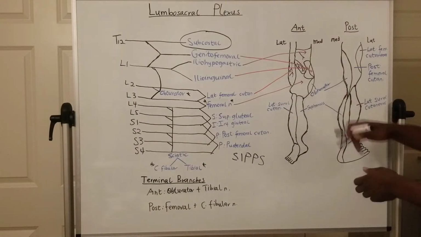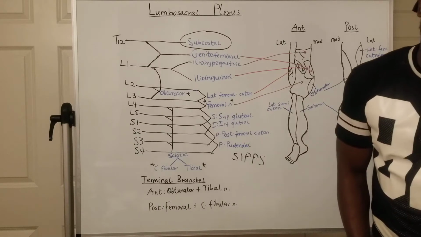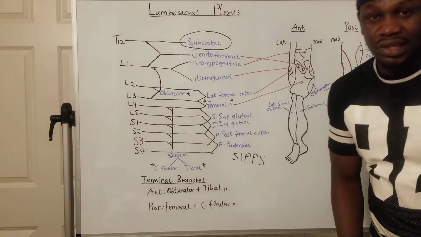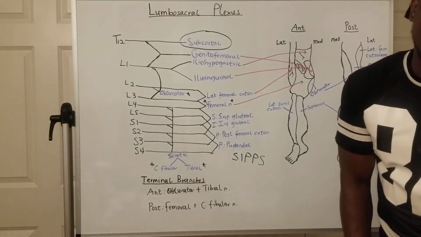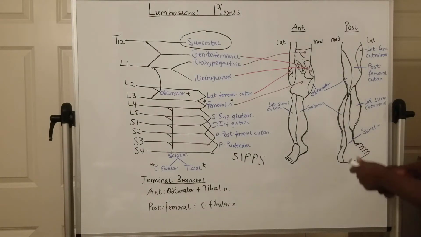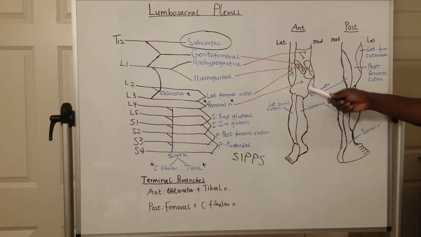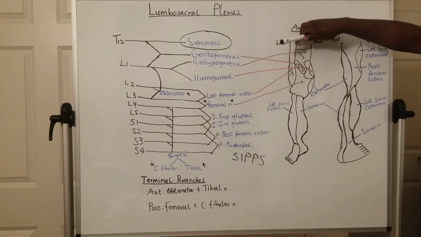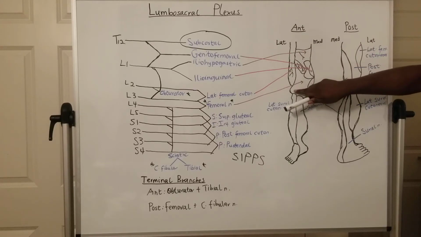So the obturator nerve is found on the medial side. The obturator nerve provides motor and sensory sensation on the medial side of the thigh, as we see here. On the lateral side, we have the lateral femoral cutaneous, which goes all the way to the knee.